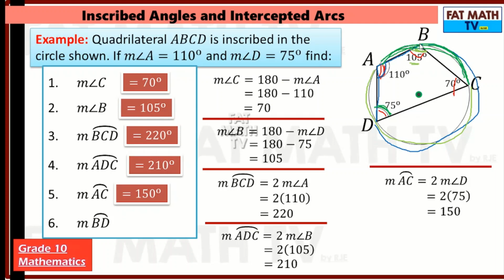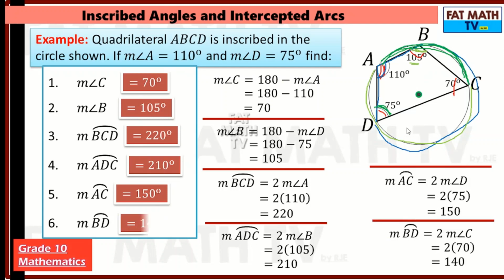BD, here this one, intercepted arc of angle C. So twice the measure of angle C, twice of 70, 140. Okay, so that's it. So for an inscribed quadrilateral, opposite angles are supplementary.